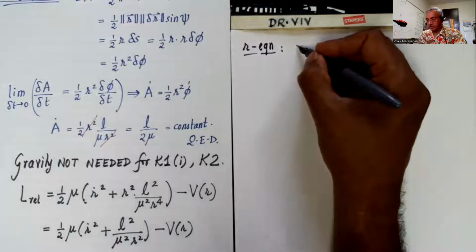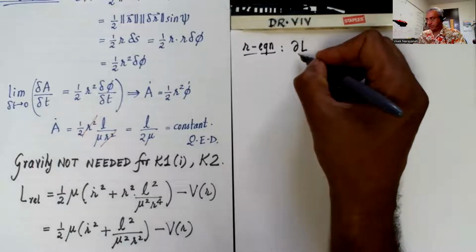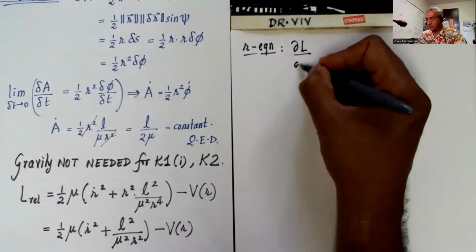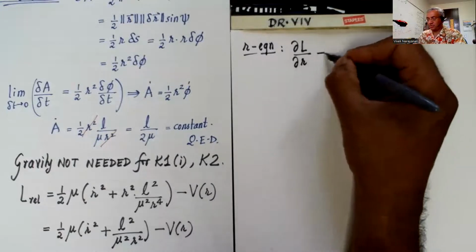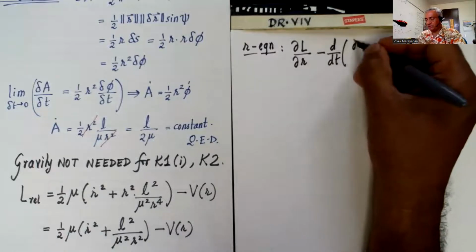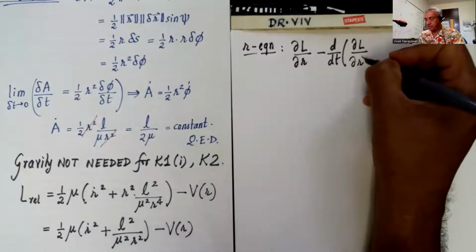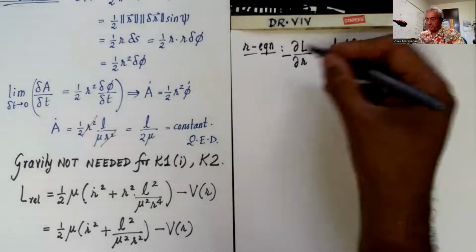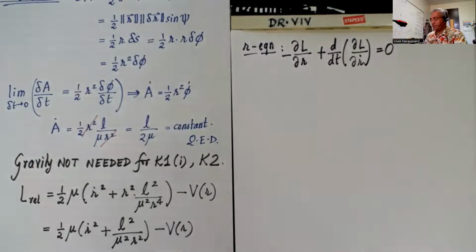I'll call the Lagrangian just L. So I'm going to get del L over del r minus d by dt of del L over del r dot is equal to 0. Or I could have done minus and plus. It doesn't really matter. Let me do minus and plus.